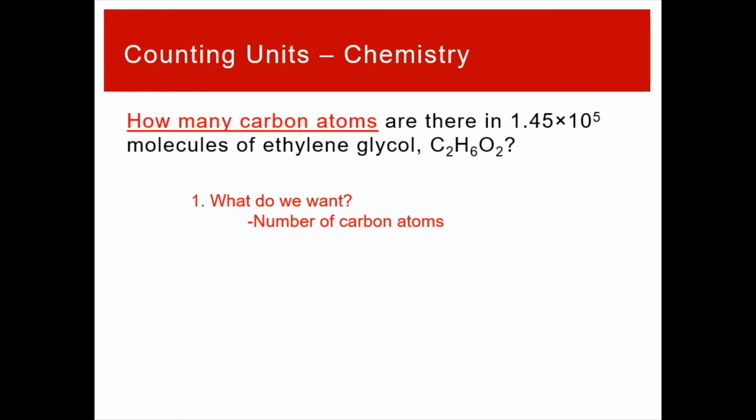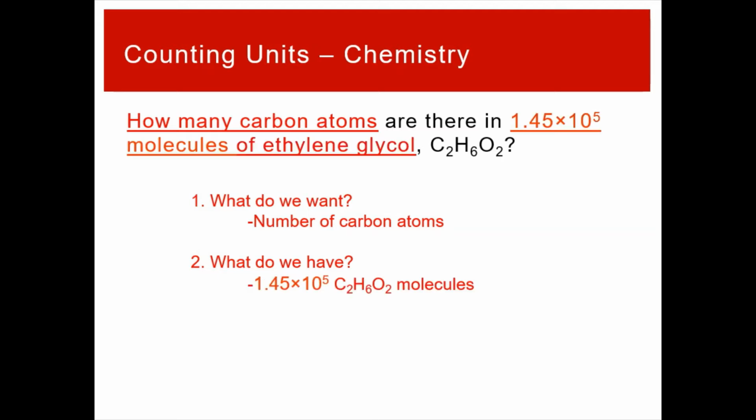And then we think about what we have. What already is a number that we're given? It's this 1.45 times 10 to the 5th C2H6O2 molecules. This is the number of ethylene glycol molecules that are present.